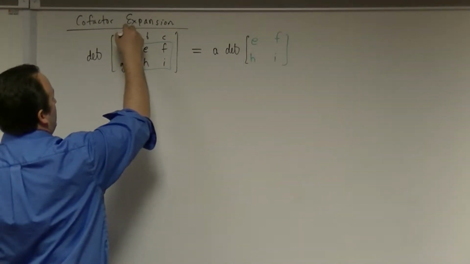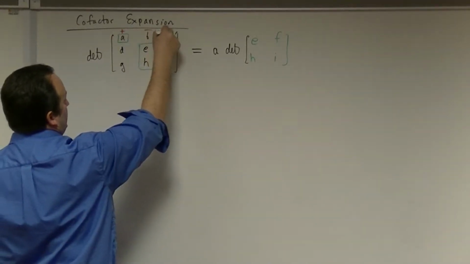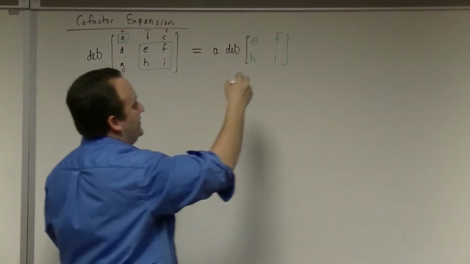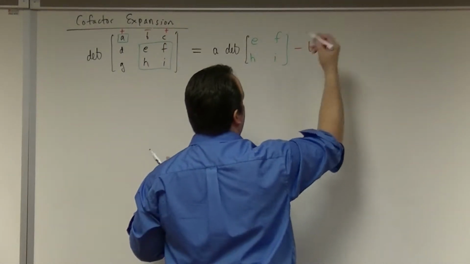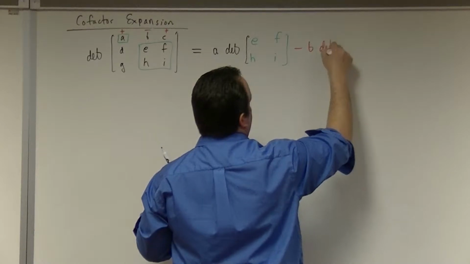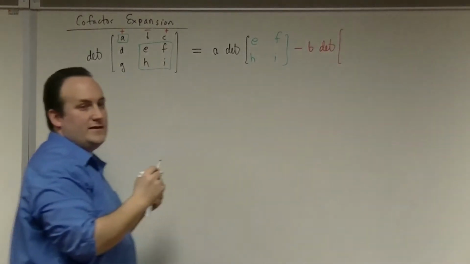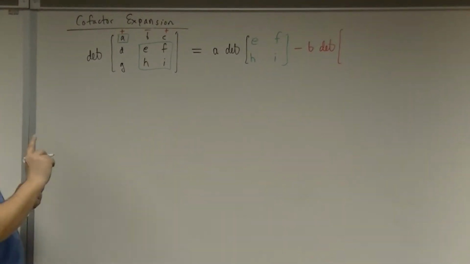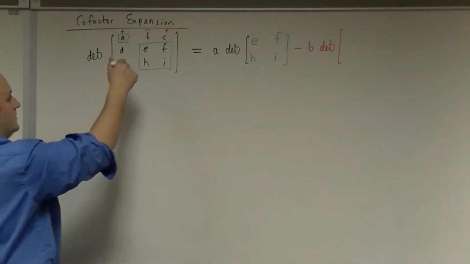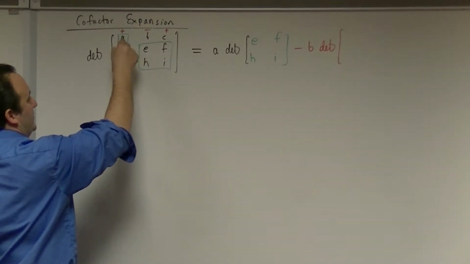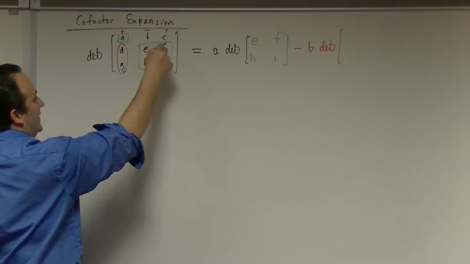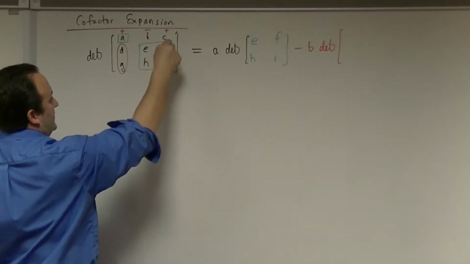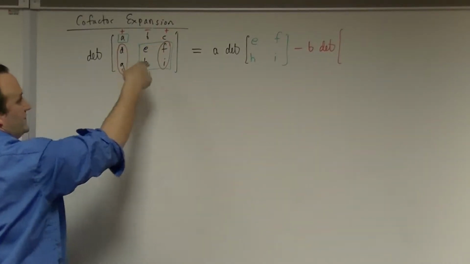So it goes plus, minus, plus. So for the B, I do minus B, the determinant of everything that's not in the column and row where B is. So basically the subdeterminant excluded from the row and column where B is is formed by D, F, G, I.